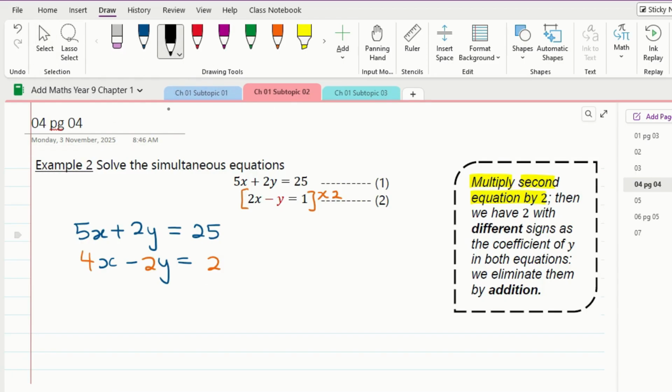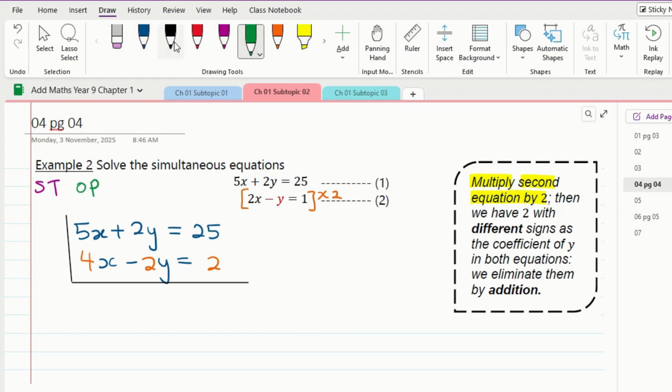Another way to write it down is by writing this down, and the way that you can remember what you are going to use after you have the same coefficient, either addition or subtraction, is by remembering a mnemonic here, STOP.